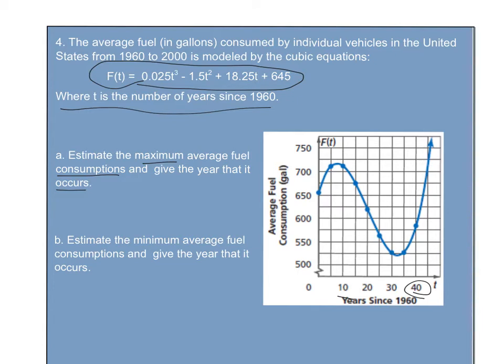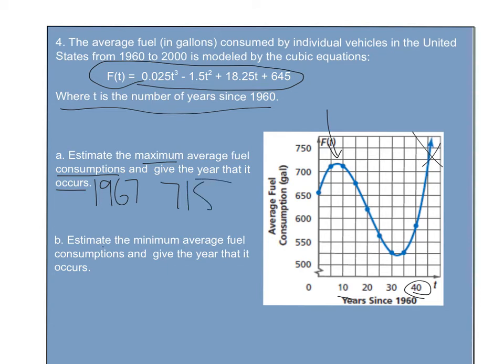So the maximum, I'm ignoring this part over here. I'm looking right about there, and I'm going to say that that is about 1967. Not 1667, that was a long time ago. 1967. And I would guess that it's probably around 715 gallons, roughly.